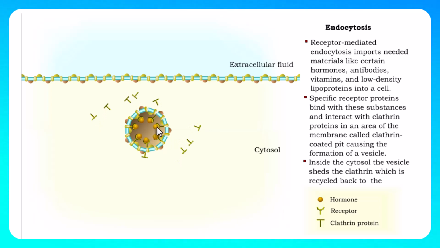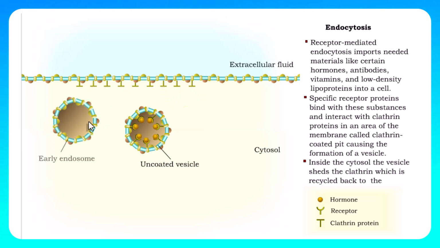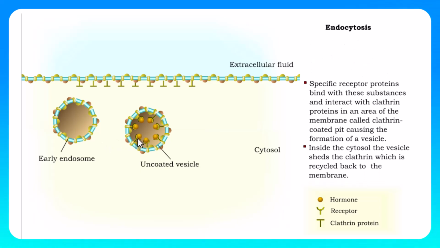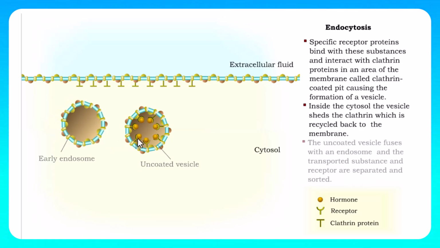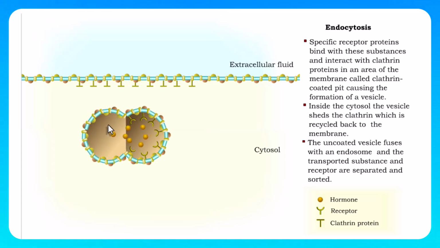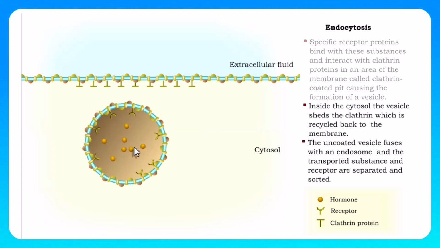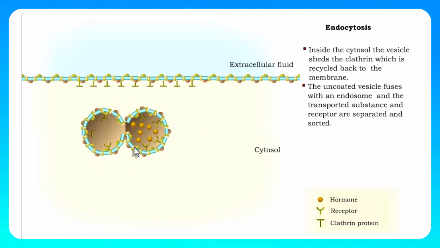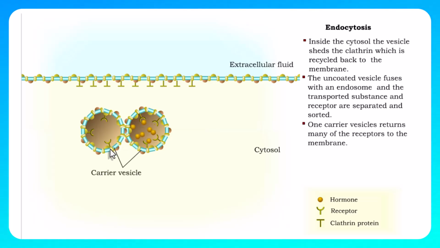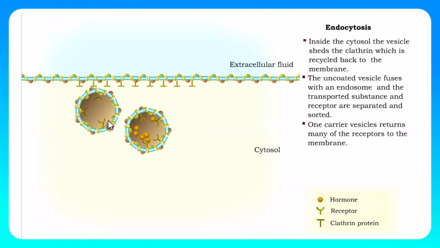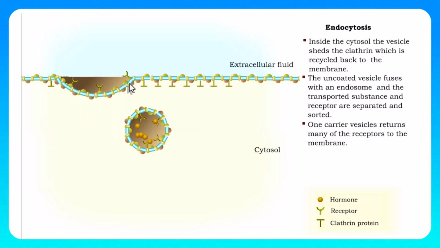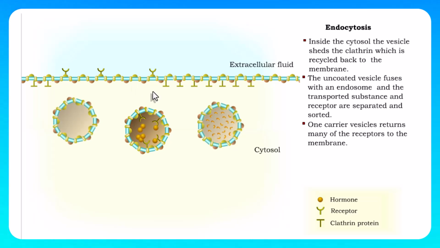When the coated pit and receptor interact, the membrane folds inward to form a vesicle surrounding the substance and receptor. Once inside the cytosol, the vesicle loses its clathrin, which is recycled back to the membrane. The uncoated vesicle now fuses with a vesicle called an endosome, where the substance and the receptor are separated and sorted out.